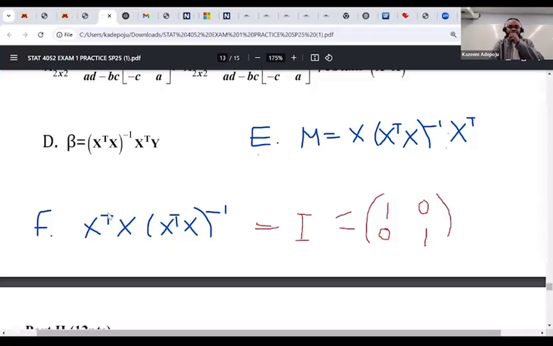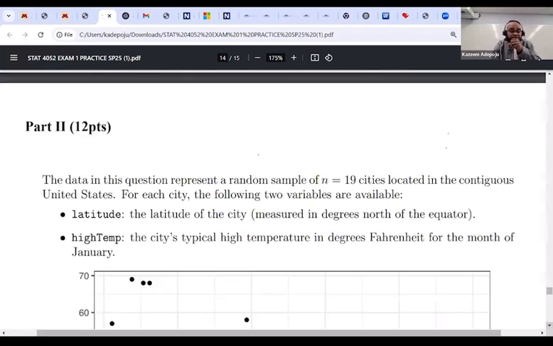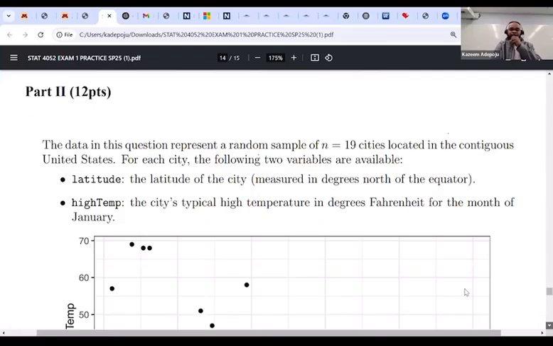Now, before I go, I need your attention on this particular question. The data in this question represent a random sample of n equal to 19 cities located in the contiguous United States. For each city, we're considering two variables, latitude and high temperature.